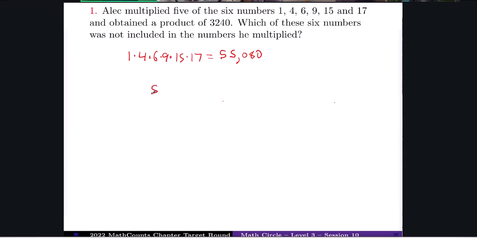But if I take 55080 and divide it by 3240, this would tell me which of those 6 numbers is left out. If you plug this into a calculator, you would get the answer of 17. On the top, I have the product of all 6 numbers. On the bottom, I have the product of the mystery 5 that I don't know which ones they are. If I do that, those mystery 5 would cancel out with the ones upstairs, leaving me just with the 17.